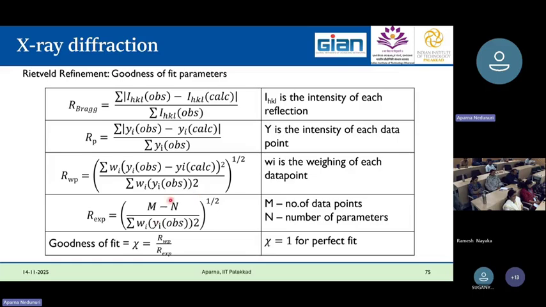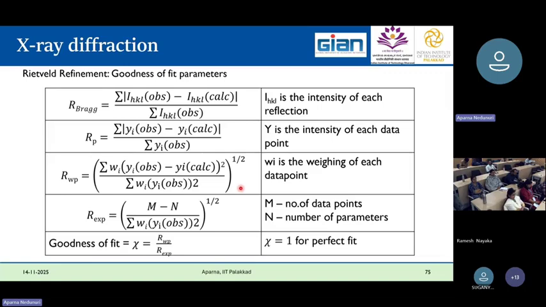The parameters here are either the global parameters or your phase specific parameters or your unit cell parameters. The goodness of fit is now defined as the ratio between Rwp and Rexp. And we say that the fit is perfect when this value is converging towards 1. This is what we look for.